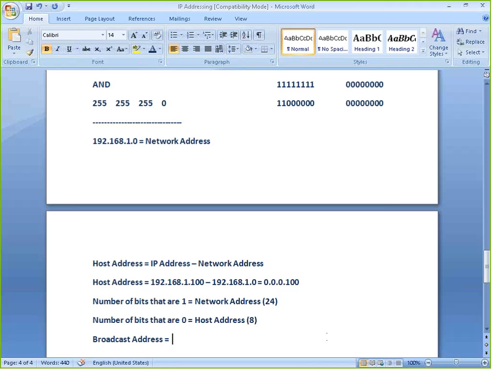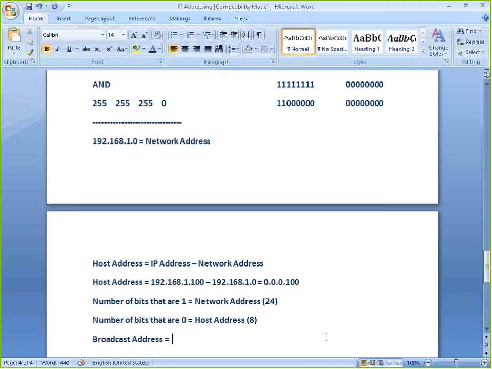In this example, the first 3 octets, or the first 24 bits, are network bits and the last 8 bits are host bits. So you keep the network address as it is, but you convert the entire host portion to 1.